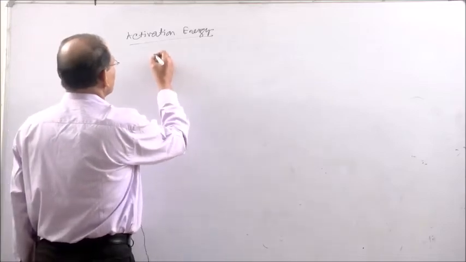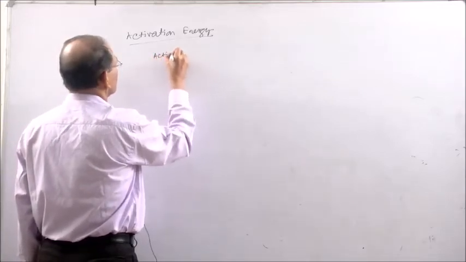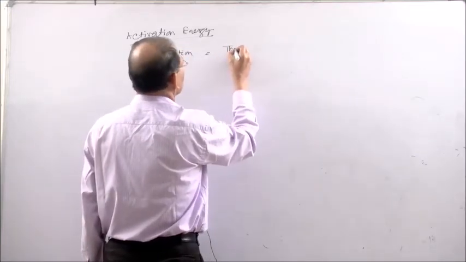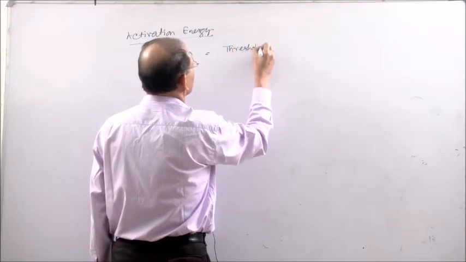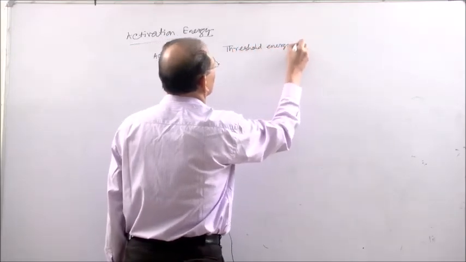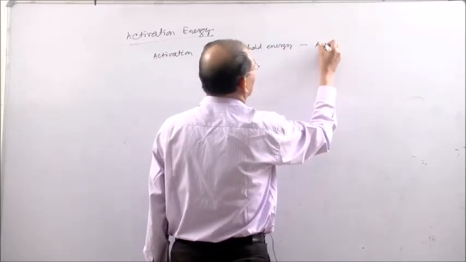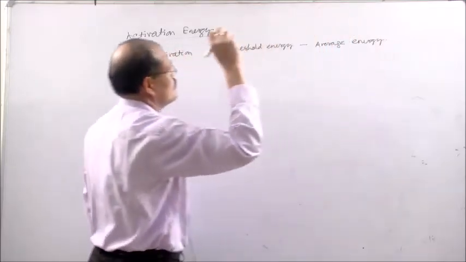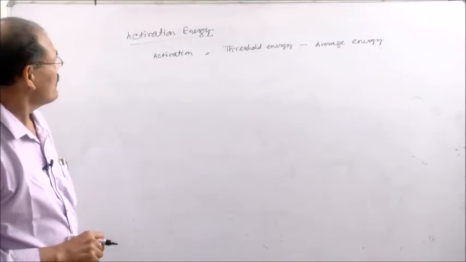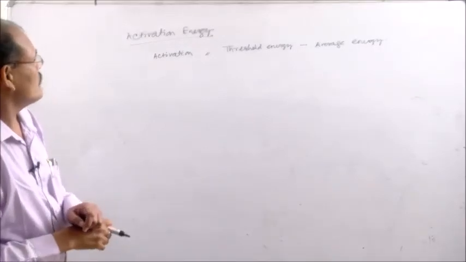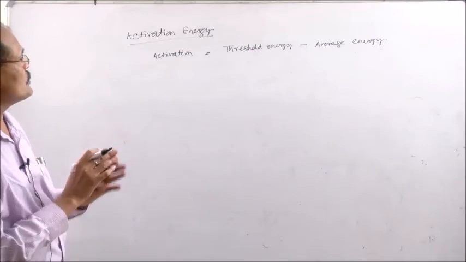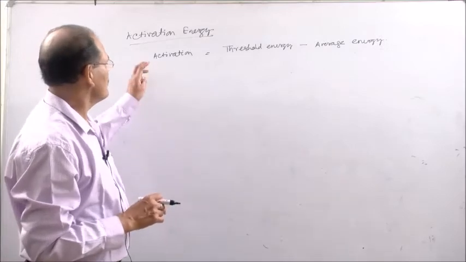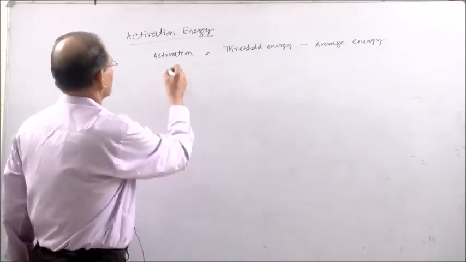So activation energy is equal to the threshold energy minus the average energy. Average energy is that possessed by the individual atoms or molecules, and threshold energy is the energy required to have the reaction. The difference between them gives the activation energy.